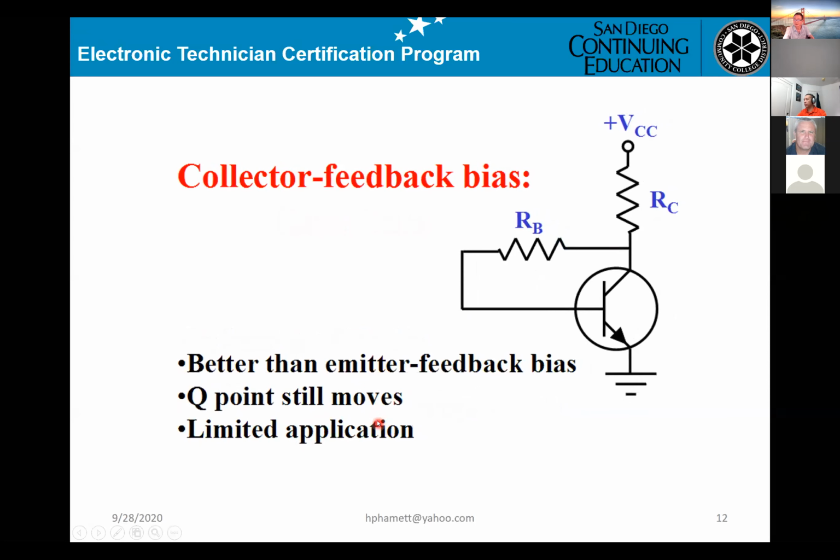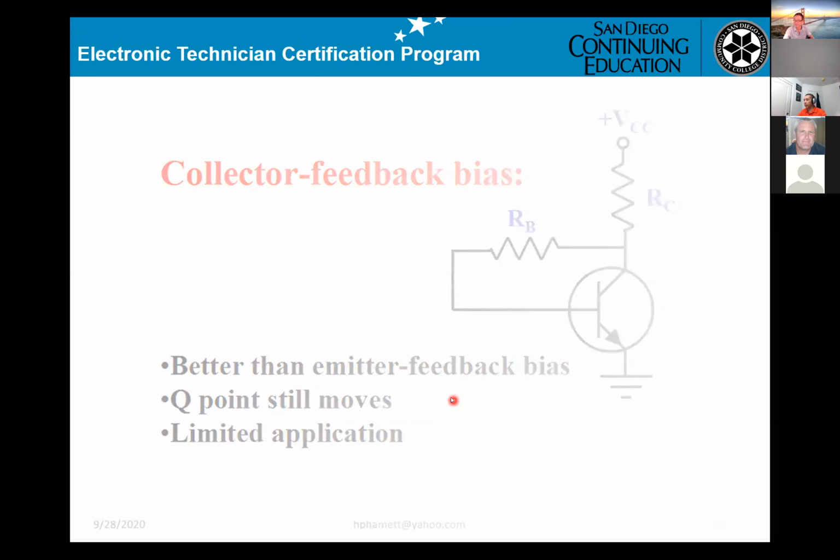This is the one they call collector feedback bias. Better than emitter feedback bias. Q point still moves. Limited application. I already talked to you about the Q point. That means they select a point in the active or saturation or cutoff region, so they don't want it to move. But that one moves, so it's not really good.